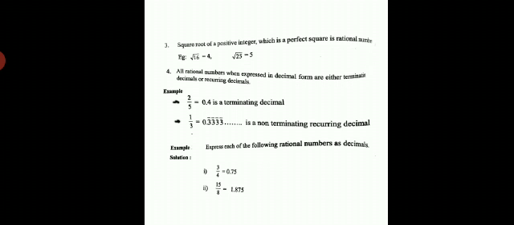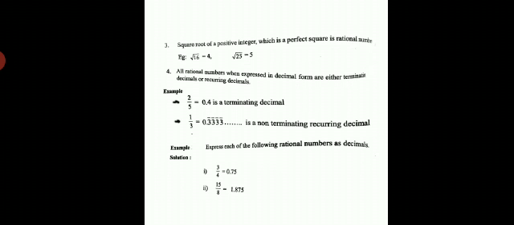Next example, 1 upon 3. If you divide 1 by 3, you get 0.333, and so on. It continues, with every time the remainder remaining, so it is a non-terminating recurring decimal.